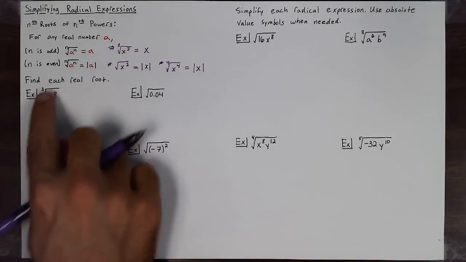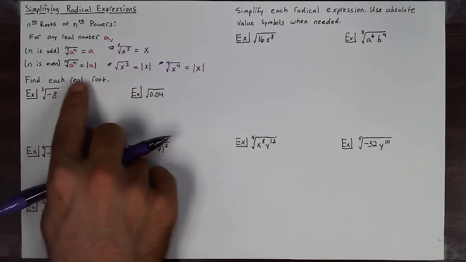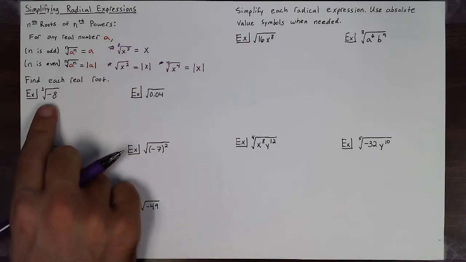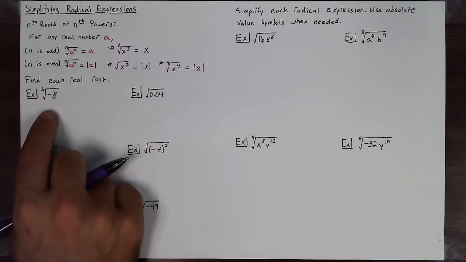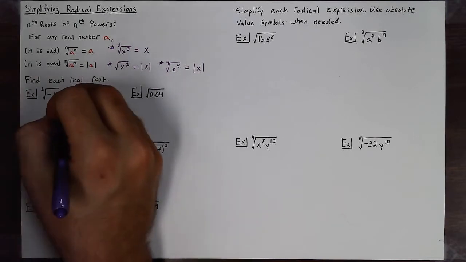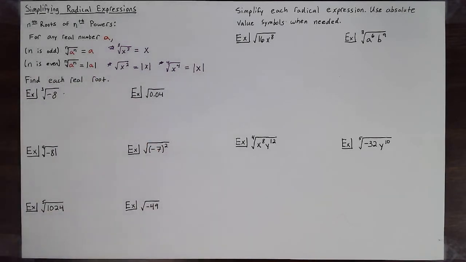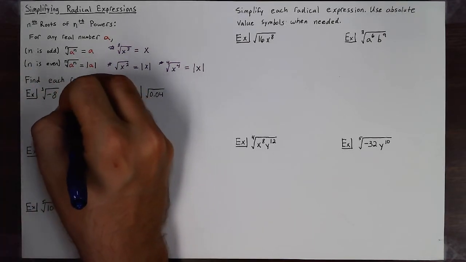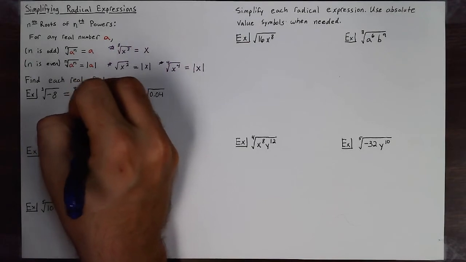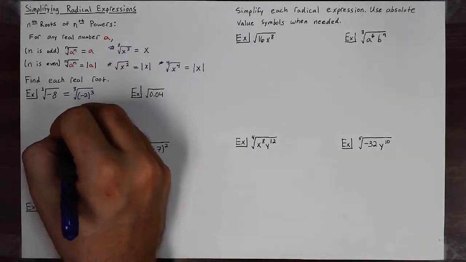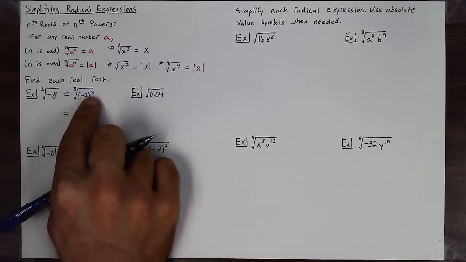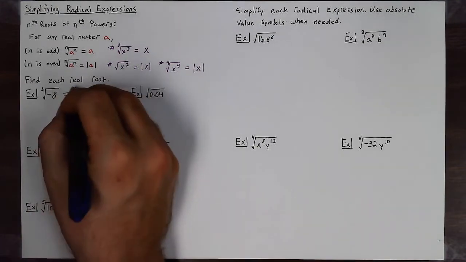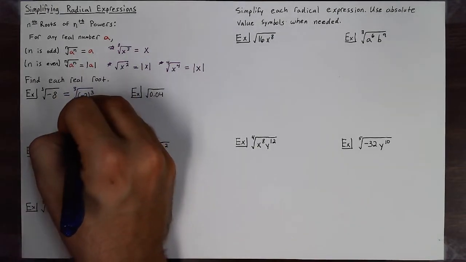Now, for each of these examples on the left, we're going to find each real root. So for example, the cube root of negative 8, you have to think of negative 8 as what number cubed. The way you get negative 8 is by taking negative 2 and then cubing it. And what I can do now is cancel out those powers. The power with the root leaves me with negative 2.